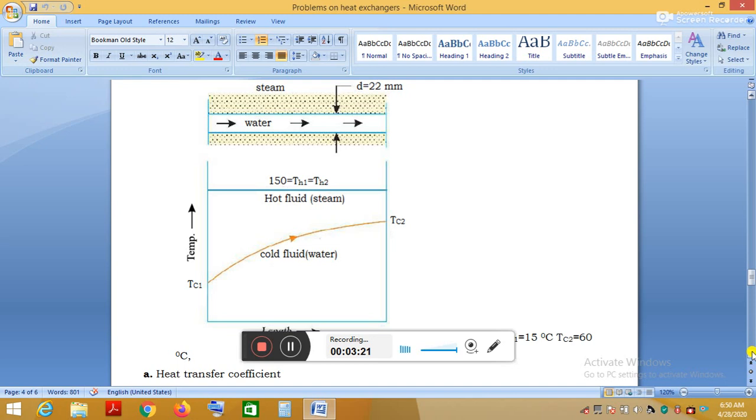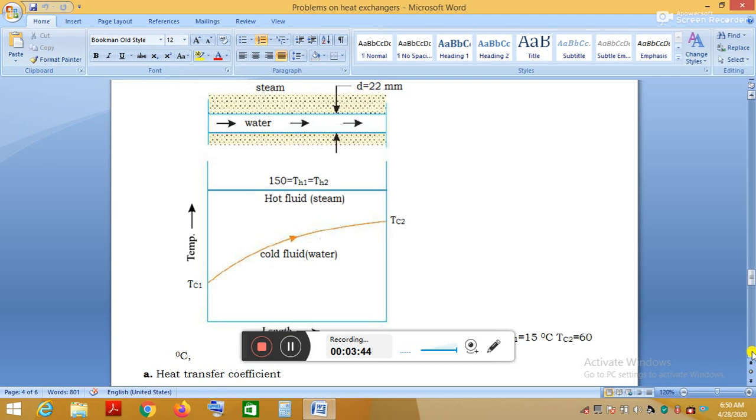Therefore the steam is condensing over the tube through which the water is flowing and it is transferring heat to the water. Therefore the temperature of the water rises from 15 degrees Celsius to 60 degrees Celsius and the steam is condensing at a constant temperature of 150 degrees Celsius.